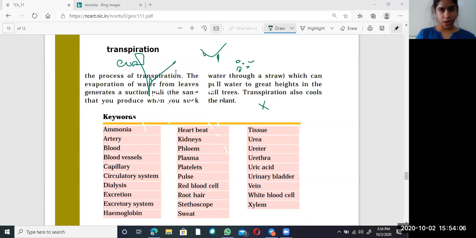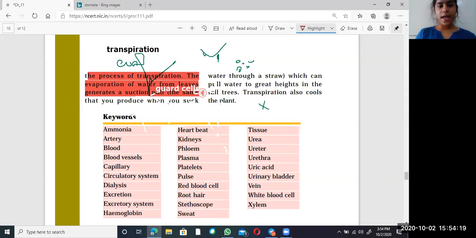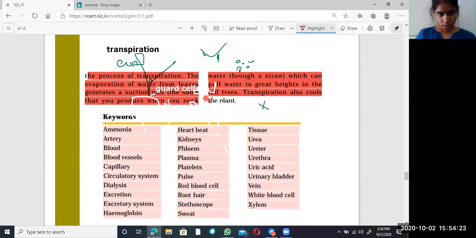The process of transpiration, the evaporation of water from the leaves, generates a suction pull. Say for example you have a glass and you take a straw and suck the water up.